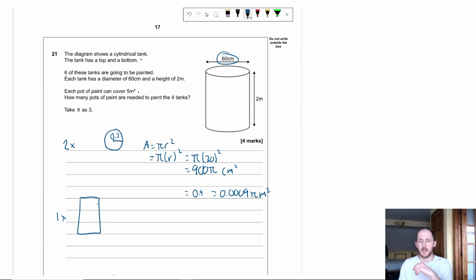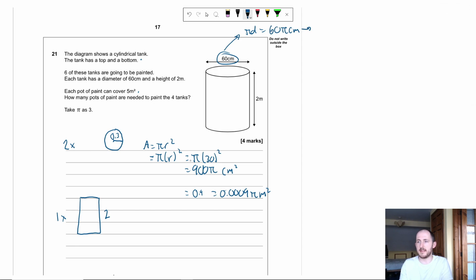And then we also have a rectangle, which makes up the wrapped-around part of the cylinder, the height of which is 2 meters, and the width of which is going to be the circumference of the circle, which is 2 pi r, or pi times d. If that's the diameter, then we have pi d, which is equal to 60 pi centimeters.